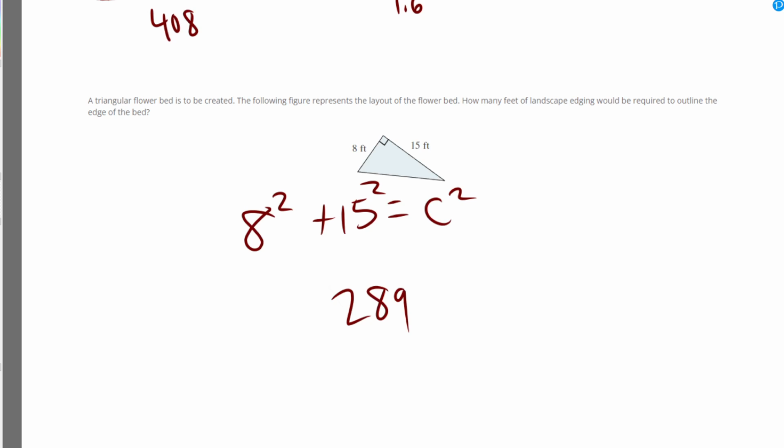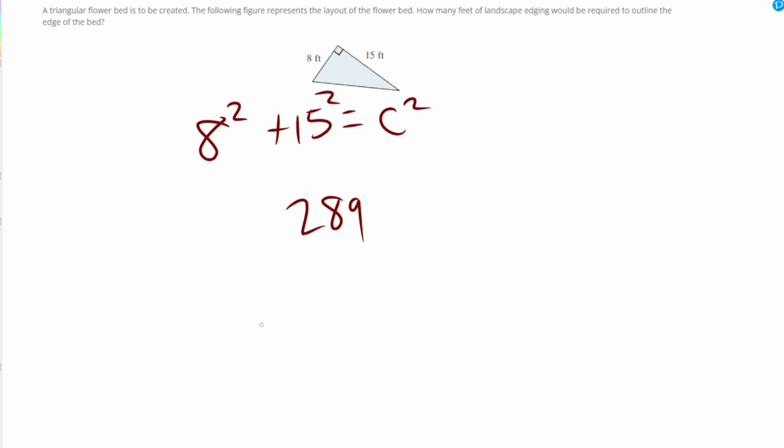It wouldn't be 13, because this length should be longer than that length, right? So let me retry. Let's see if it's 16. 16 sounds about right. That's why it's a good idea to check. 16 squared is 256, so maybe it's 17. Okay, there we go. 17 squared is 289.